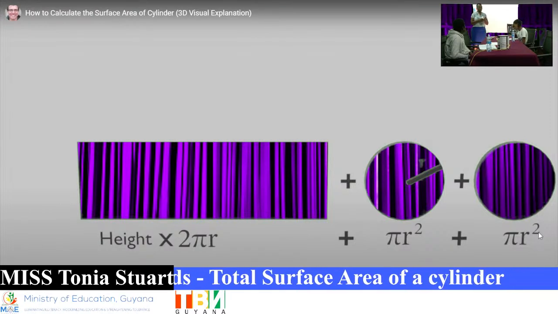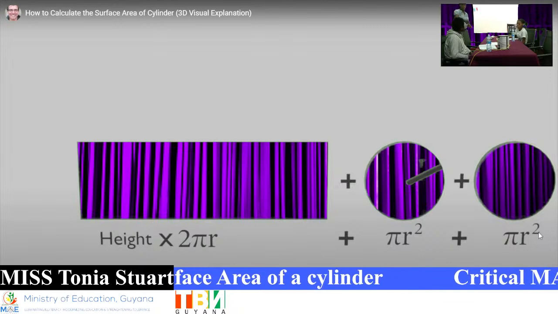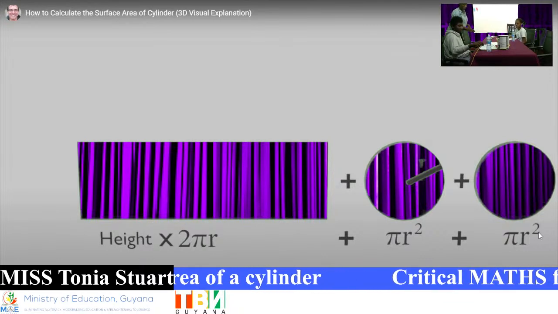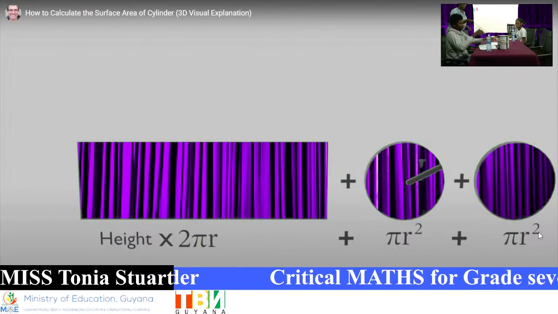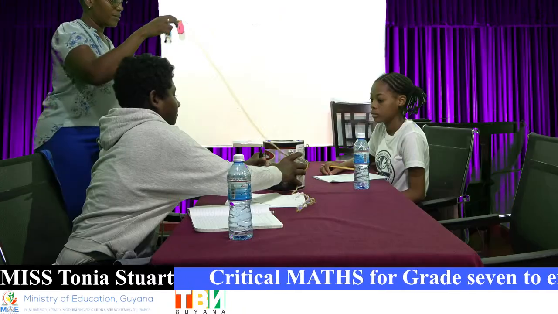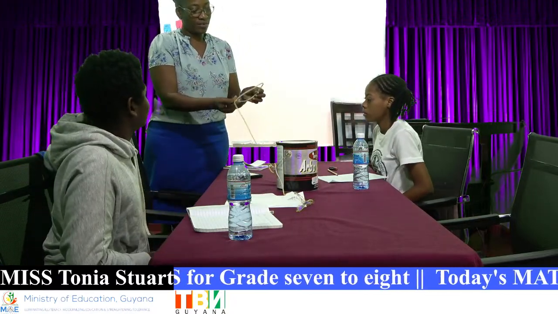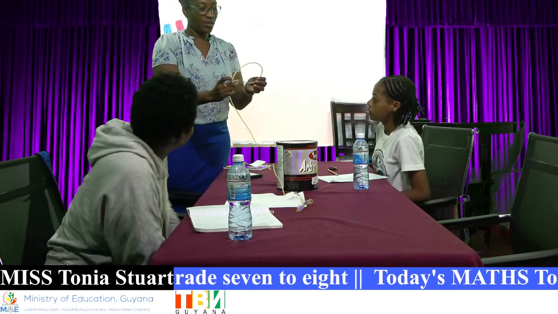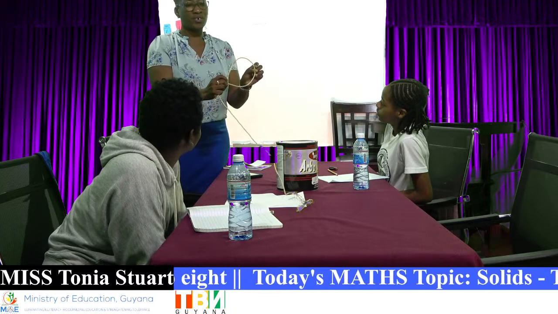Right? So if, let me see that string, say we have this string here. And with this string, we have a circle. So it's a perfect circle, right?